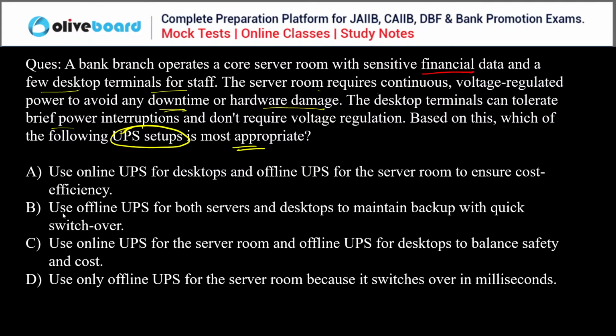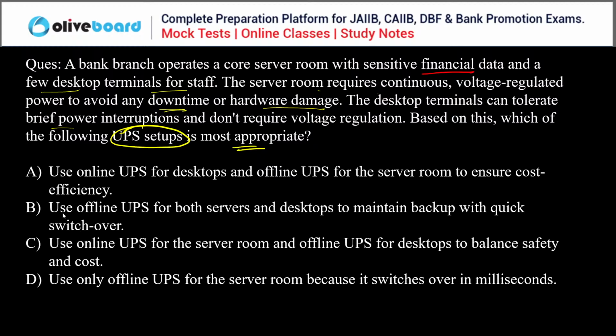Okay, now you are all saying C. A: use online UPS for desktop and offline UPS for the server room. That is incorrect. Desktop doesn't need online UPS. Giving them the online UPS and the offline UPS to the server room would be a misuse of the resources, because online UPS is more critical.